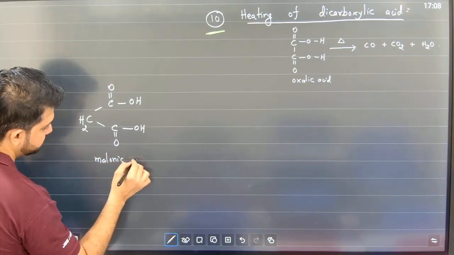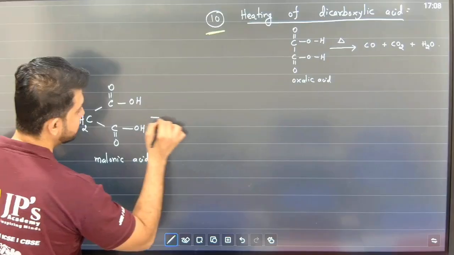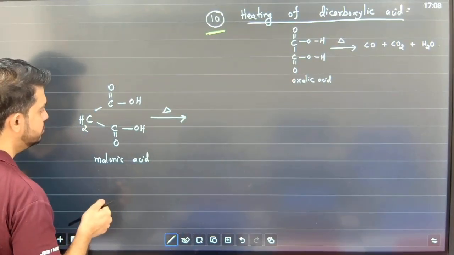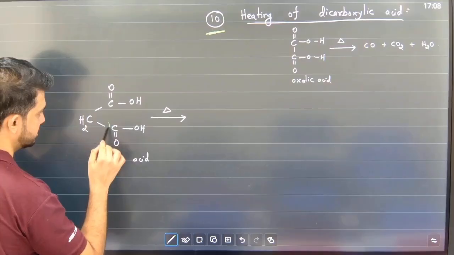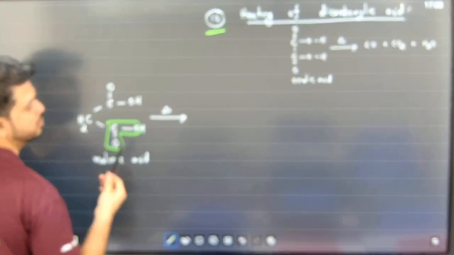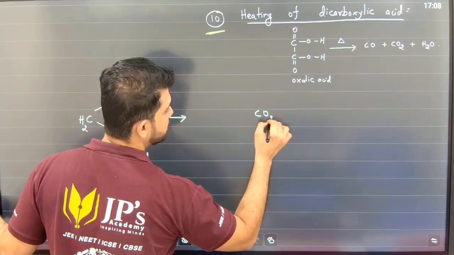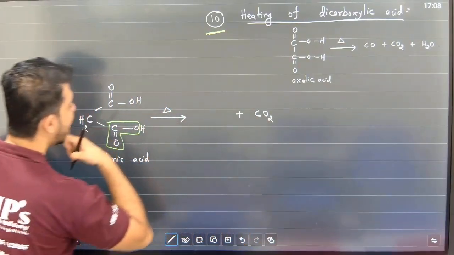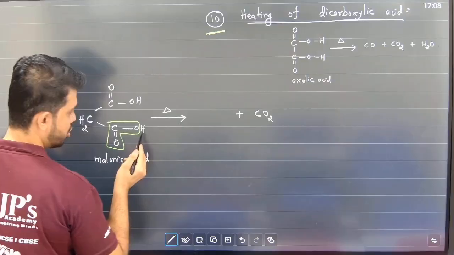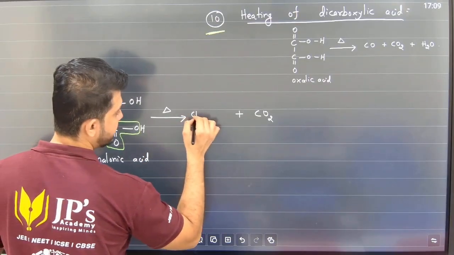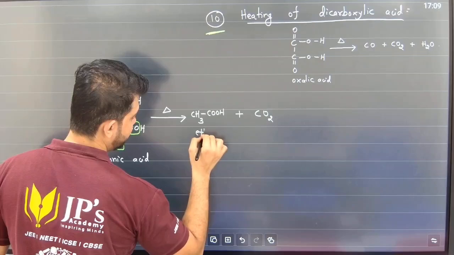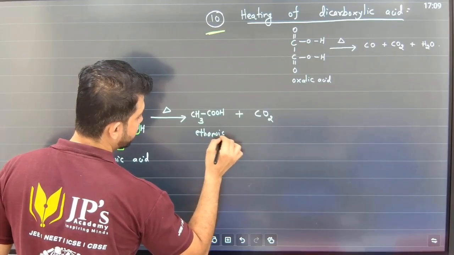Malonic acid on heating, what happens here is this is removed, CO2, decarboxylation, and we have CH2 COOH and this H becomes CH3 COOH. We get ethanoic acid.